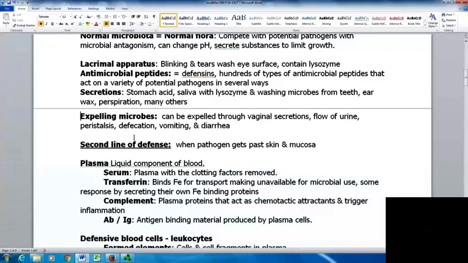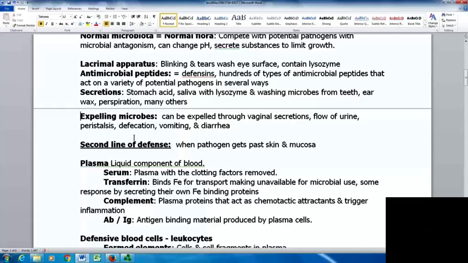The body also expels microbes through secretions like vaginal secretions, the flow of urine, peristalsis in the gut, defecation, vomiting, and diarrhea. There are times when stopping diarrhea would actually be problematic and make the infection worse, because that is one of the ways the body can eliminate organisms.